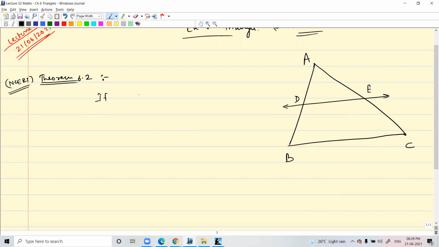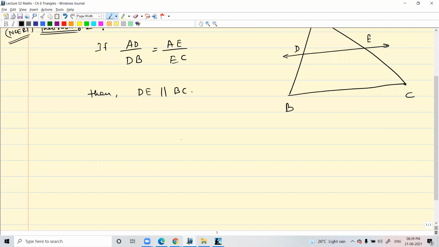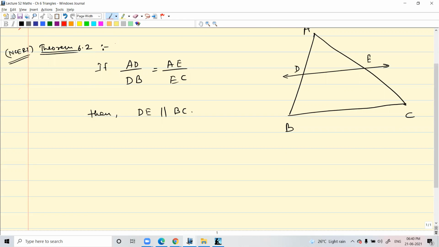That is, if AD by DB is equal to AE by EC, then the theorem tells us that DE should be parallel to BC. This is the statement of the theorem. So this theorem is basically the converse of BPT, or we also say the inverse of Thales theorem. Yeah.